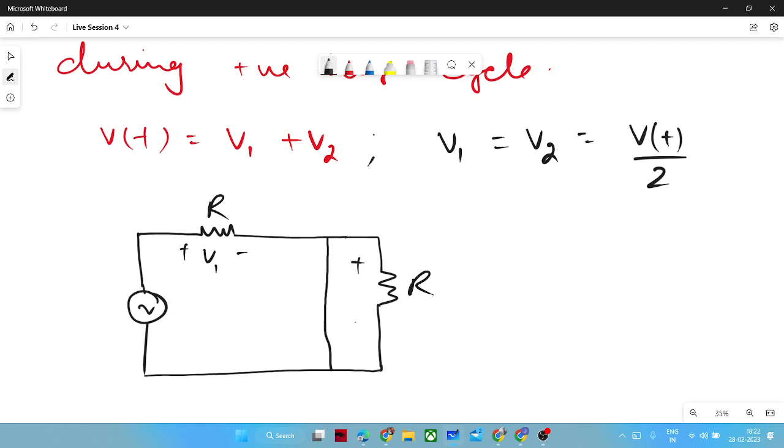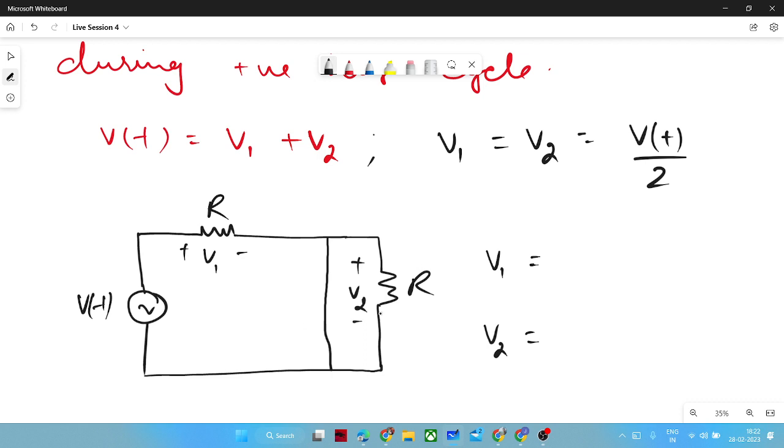Now kindly let me know what will be the value of V1 and V2 in terms of VT. V1 would be VT by 2 and V2 would be 0.